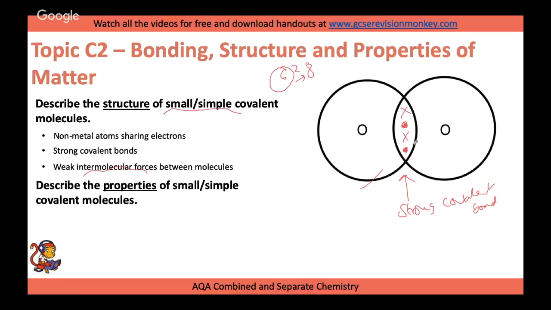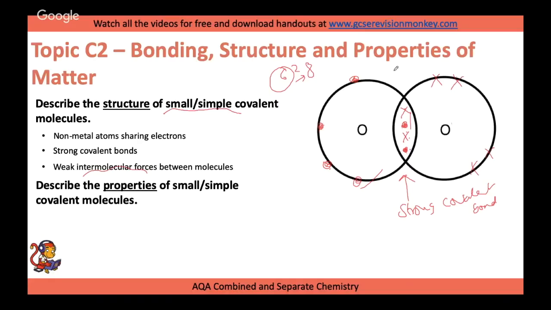So start with 2 pairs. And then you've used 2 up there, so the outer shell can only have 4 more there and 4 more there. You'll know that you've done it right if you look at each atom and you count 8 in total. 1, 2, 3, 4, 5, 6, 7, 8. And 1, 2, 3, 4, 5, 6, 7, 8. So that's when you know that you've got it correct in total.